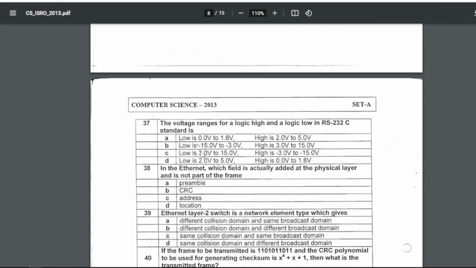Now question number 37 is, what is the voltage range for logic high and logic low in the RS-232C standard?